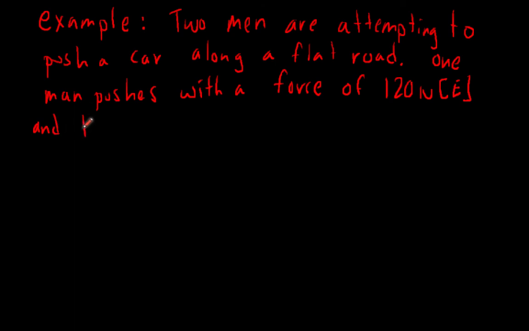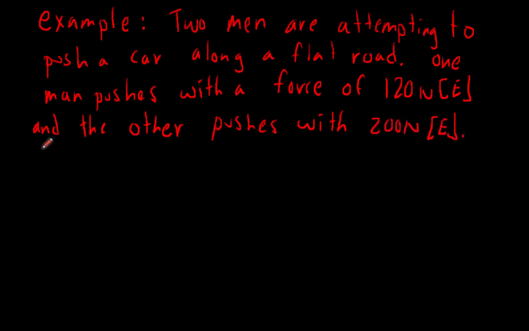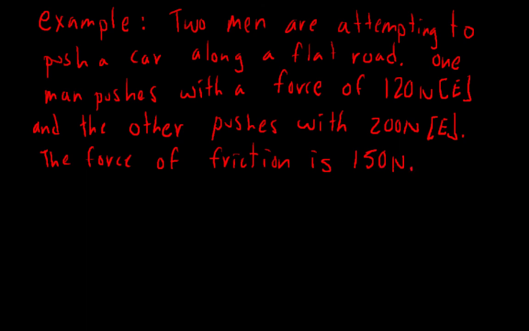And the other pushes with a force of 200 newtons. And both of these forces are to the east. Remember, force is a vector, so direction matters. The force of friction is 150 newtons, and I'm not going to give the direction because that's for you to determine.